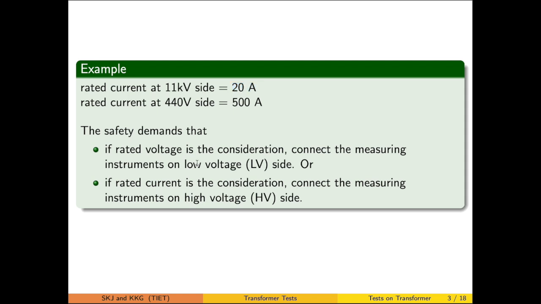This suggests that if the rated voltage is the consideration, we shall be connecting the measuring instruments on the low voltage side. Similarly, if the rated current is the consideration, we shall be connecting the measuring instruments on the high voltage side.